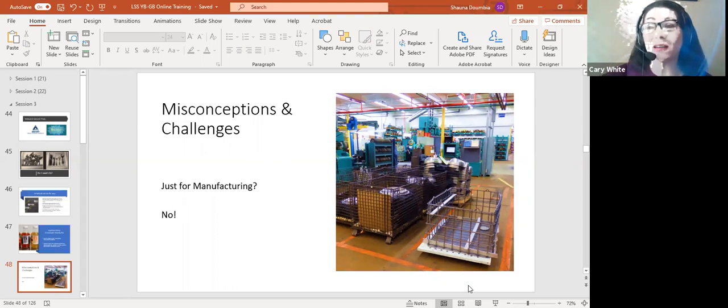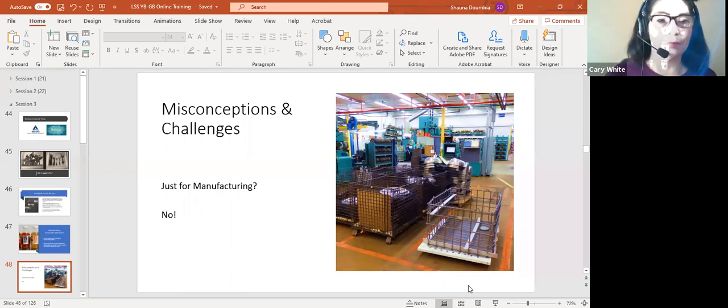Banks use this. And of course, banks are not dealing with manufacturing anything, they're serving people, right? Other service industries as well, real estate companies use this. So it's not just for manufacturing, although a lot of the examples are easy examples when we talk about manufacturing.